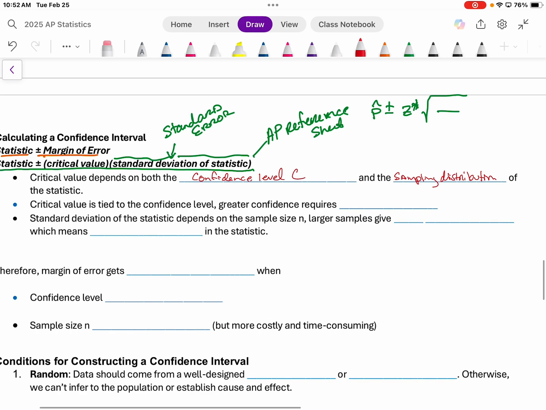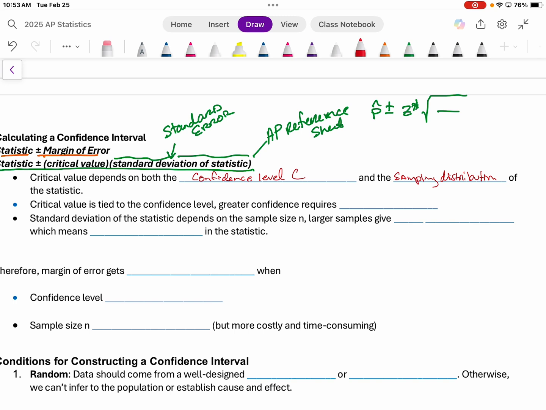Our critical value depends on, one, what is our confidence level? Is it 98%? Is it 95%? Is it 75%? And also the sampling distribution of the statistic.